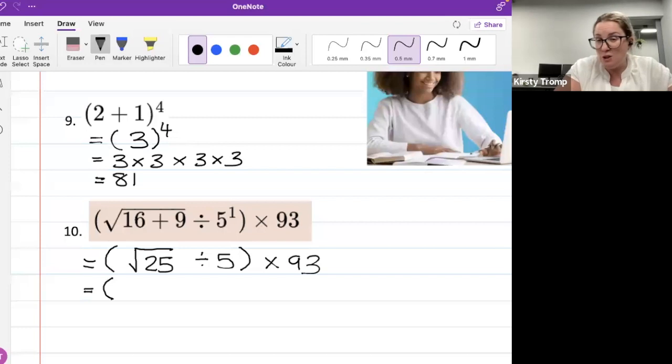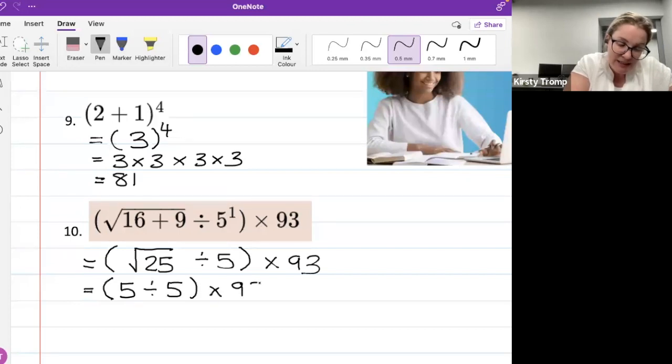What do I know about the square root of 25? What's the square root of 25? What times what will give me 25? 5. Divided by 5 times by 93. Okay. Can you see if you do this in steps, it's not too bad.